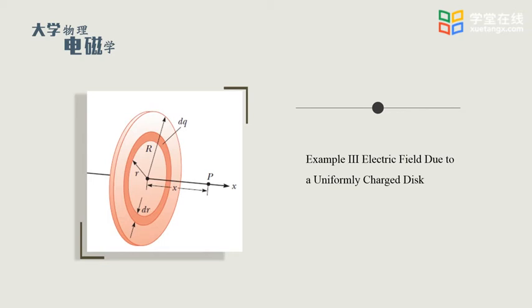A disk of radius r has a uniform surface charge density sigma. Please calculate the electric field at a point P that lies along the central perpendicular axis at a distance x from the center of the disk. The key is to find the charge element dq in this case.